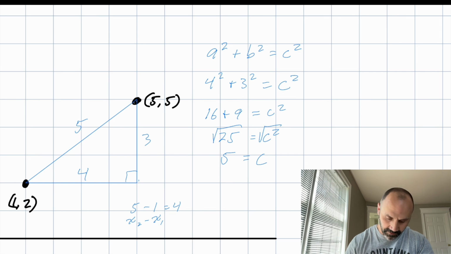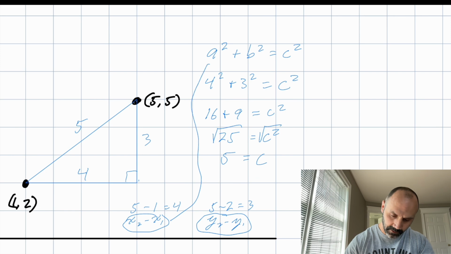Well, that's like taking 5 minus 2. That gives me 3. So that's like taking y2 minus y1. So I can take these 2 formulas and put them into the Pythagorean theorem up here, right?